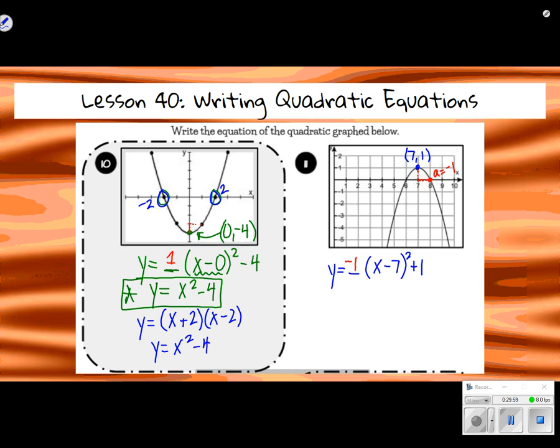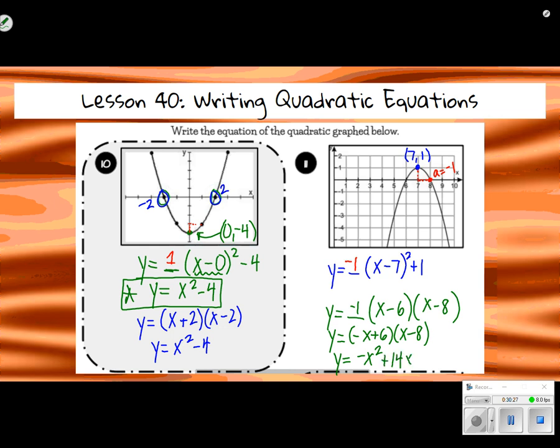If we're going to do zeros mode, you still have to use that -1 that we just found for a, but you can pull the zeros in as x minus 6 and x minus 8, and then you can distribute that -1, and then you can FOIL and get -x squared plus 8 plus 6, so that's 14x minus 48.